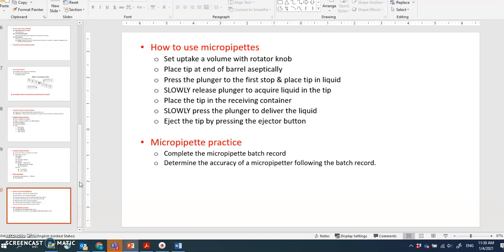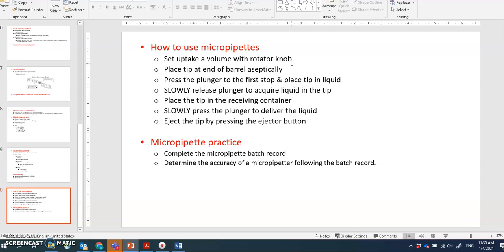Once you have chosen a micropipette, you need to set the defined volume on that micropipette. There's normally a rotating knob found on the head part of the micropipette. When you rotate it, you will see the displayed number change on your micropipette. Normally the displayed number is the volume the micropipette will be set at. So rotate maybe back and forth and see how the numbers change.